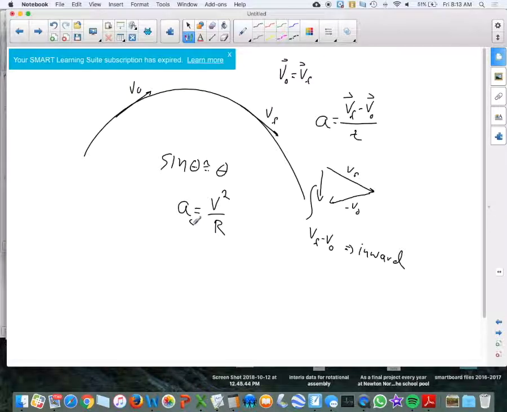Back in the old days, when we didn't have calculators that did all this stuff for us, sine of theta is equal to theta minus theta cubed over 3 factorial plus theta to the 5th over 5 factorial.